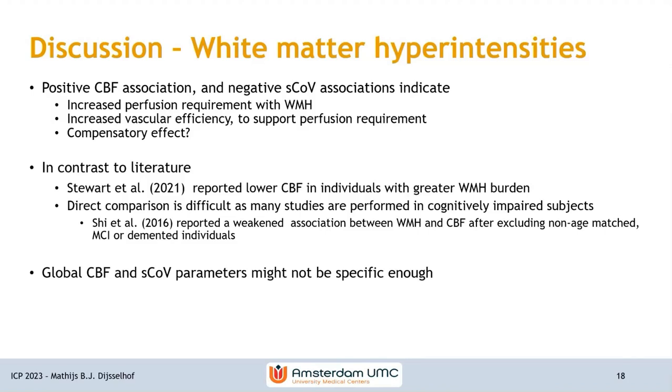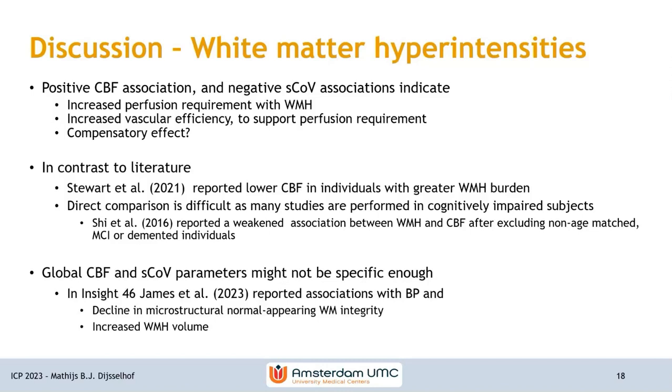And also points us again to maybe a similar conclusion that global CBF and spatial coefficient parameters might not be specific enough. And to support this statement a little bit, a colleague of mine, also in the INSIGHT 46 study, has looked into associations between blood pressure and normal appearing white matter integrity, and she found that increases in blood pressure resulted in decreases in microstructural integrity in the normal appearing white matter.